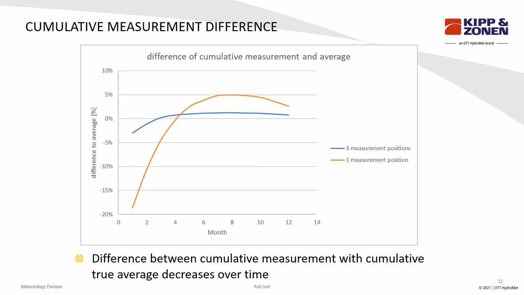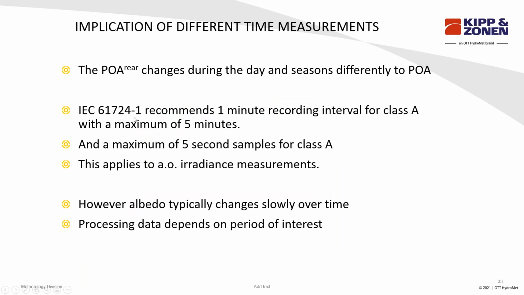Now we've also made a slide with some implications for different time measurements. There is a new IEC 61724-1 standard, which recommends a 1-minute recording interval for Class A plants with a maximum of 5-minute recording intervals. It's also prescribed there to have a maximum of 5-second samples for a Class A site.